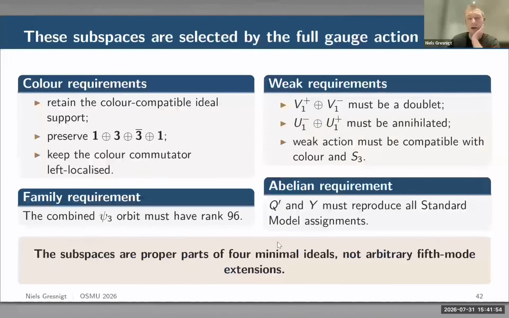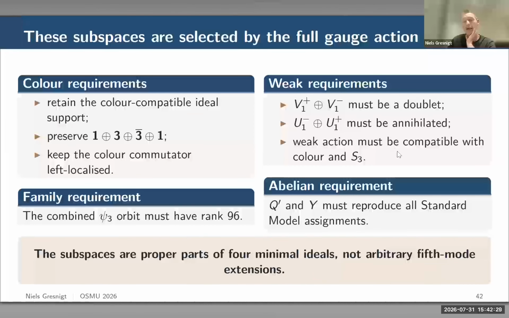So we have quite a lot of requirements that we have to satisfy at the same time. So we want to make sure that all the sectors are color compatible so that they give the right transformation on the SU3. We want to make sure that the commutator with SU3 just becomes a left action. We want to make sure that V1 plus and V1 minus are the doublets, whereas U1 minus and U1 plus must be annihilated by whatever SU2 action we introduce.